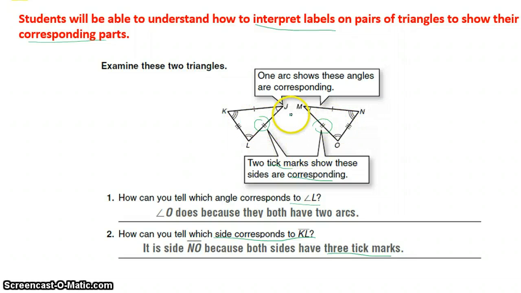We follow that same pattern with the angles. Our tick marking for angles are the arcs. So we have 1 arc and 1 arc, so these two correspond. We have 2 arcs here and here, so angles L and O correspond. And we have 3 arcs here, so angle K corresponds to angle N.